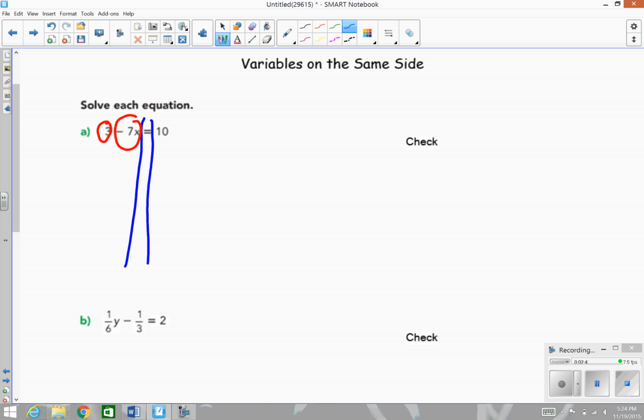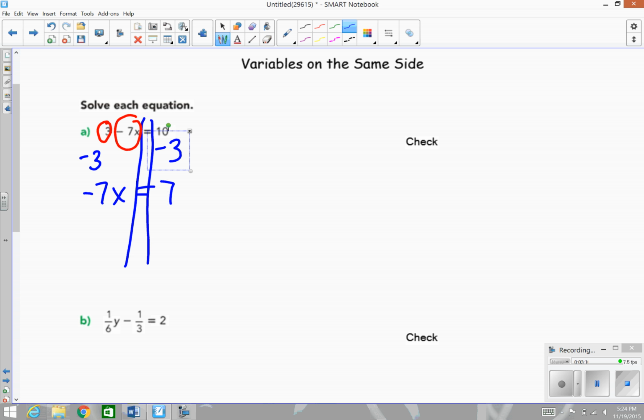I have a positive 3, and the opposite of a positive 3 would be a negative 3. So I'm going to have a negative 3 on both sides because we want to keep everything balanced. These 3's will cancel, leaving us with a negative 7x, and yes, the sign in front of the term belongs to it. And on this side, 10 minus 3 is 7.